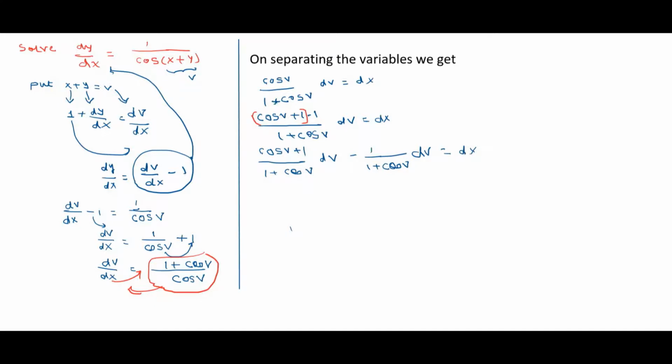Here 1 plus cos v and 1 plus cos v get cancelled, so we are left with only dv.